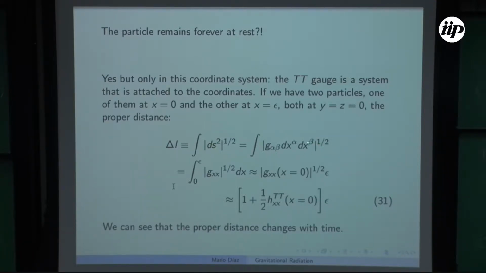Performing this integral, this is the only surviving term that is of interest, and essentially this is what we're going to get. So in first approximation, what we get is 1 plus 1/2 the amplitude of the wave, times epsilon, which was the distance between the two particles. So the proper distance does change with time.